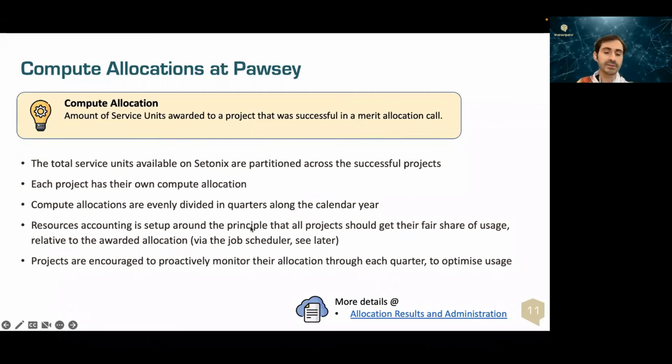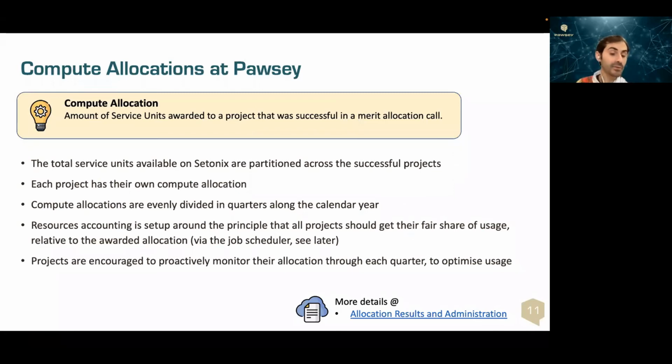Because you spend service units during each quarter, it's important to proactively monitor the allocation through the quarter to optimize usage. Ideally, you would like to use all of your allocation for the quarter. If you use less, you're wasting what you got awarded.